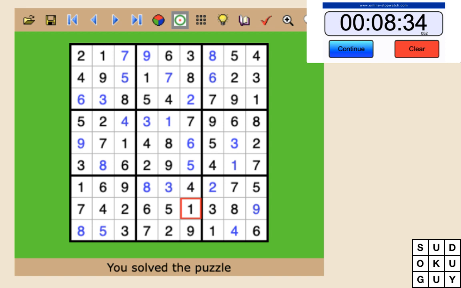But yeah, you think I'm missing some easy deductions by going straight to pencil marks? That might be true.